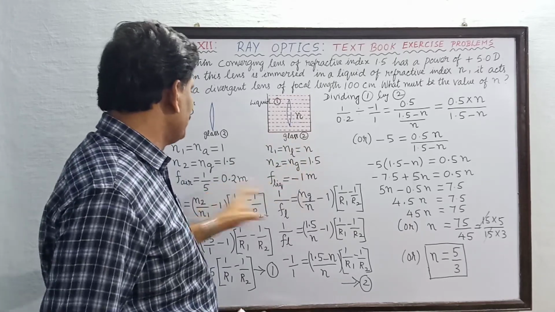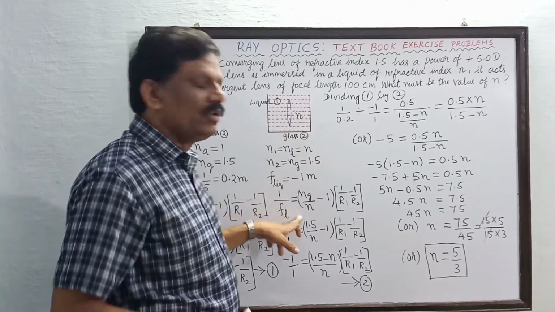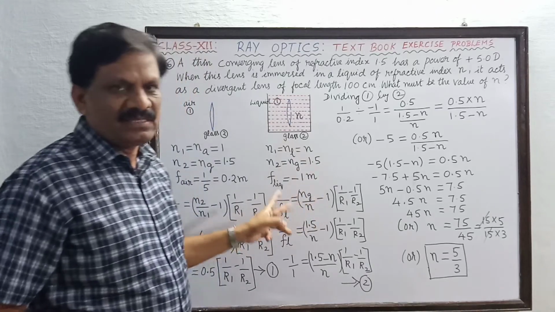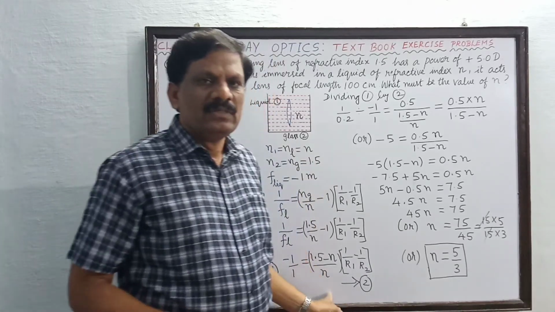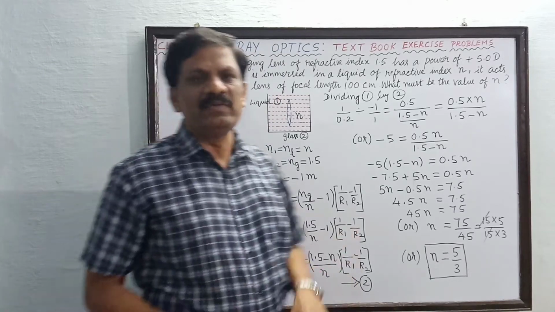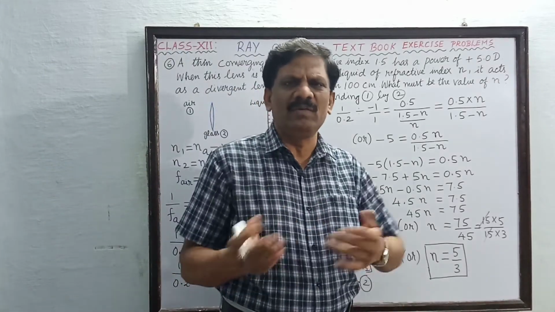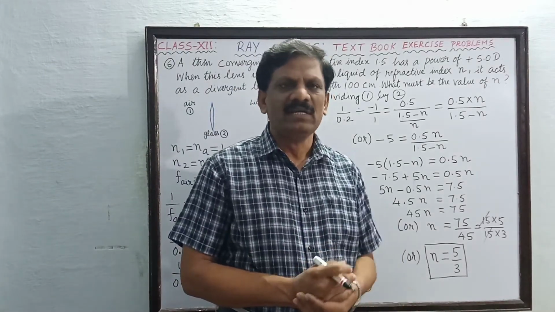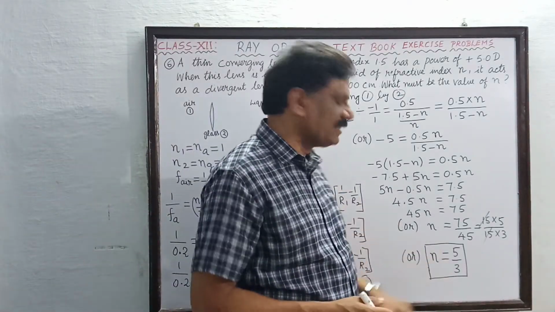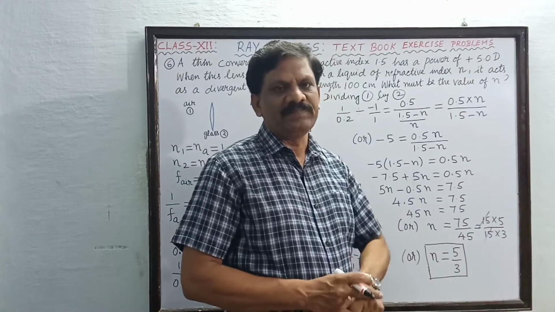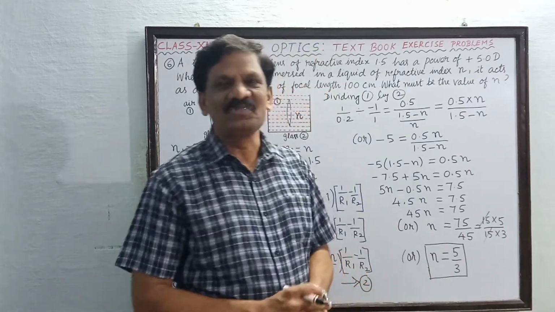Write the information clearly and then go to the lens maker's formula. Then you will arrive at equations 1 and 2. To eliminate the common terms, we can divide either 2 by 1 or 1 by 2. That is your choice. So by dividing the two equations, finally we got the value of refractive index as 5 by 3. I hope you must have understood well. Fine.